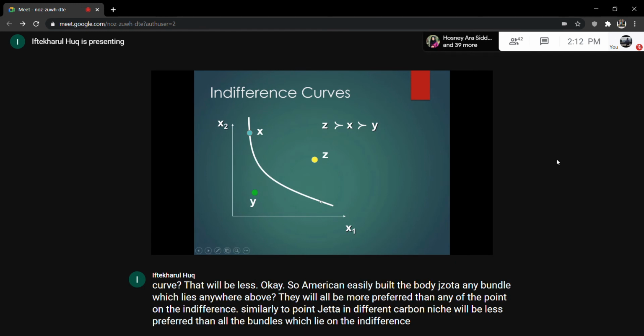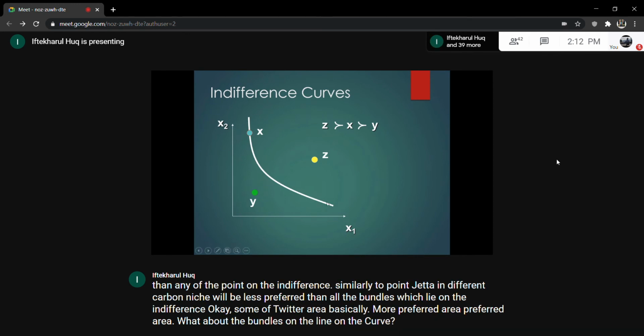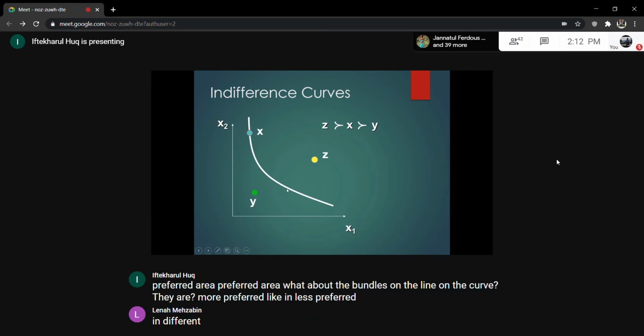Okay, so we have found two areas: a more preferred area and a less preferred area. And what about the bundles on the curve? Are they more preferred, less preferred, or equally preferred? Equally preferred.